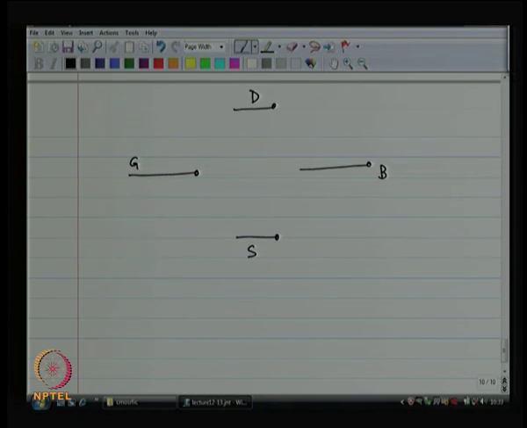And between drain and source, there is a voltage controlled current source. This is the fundamental MOSFET. To account for channel length modulation, there is going to be a large resistor RDS between drain and source.